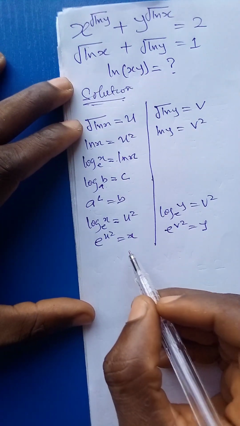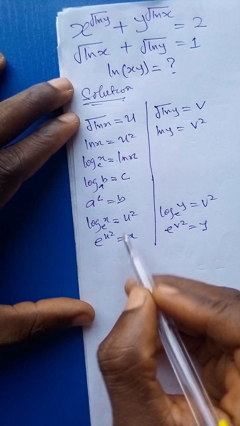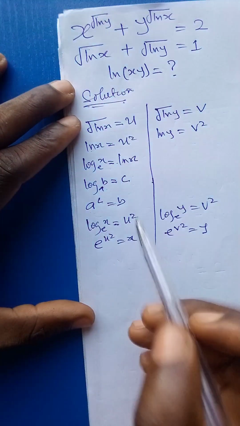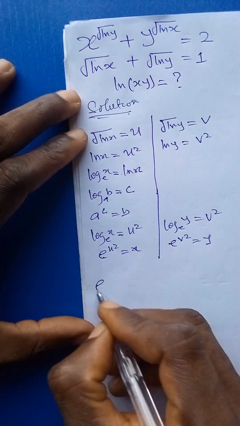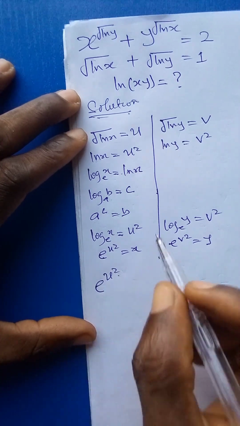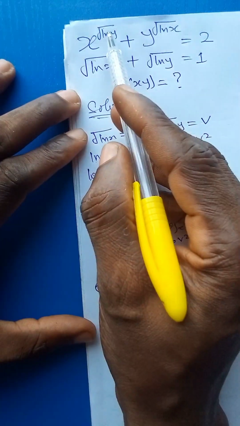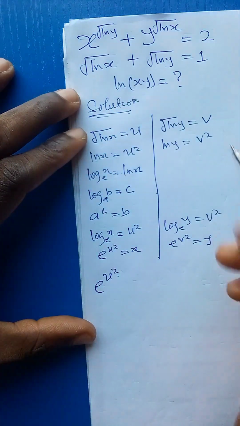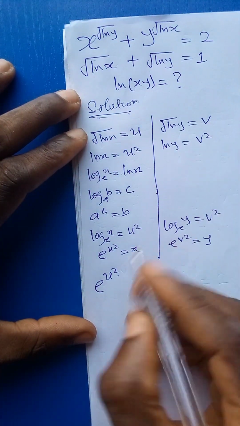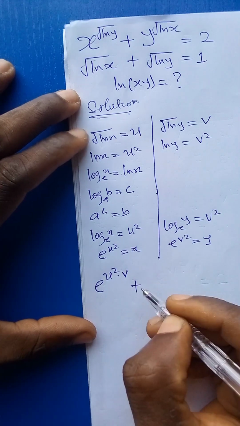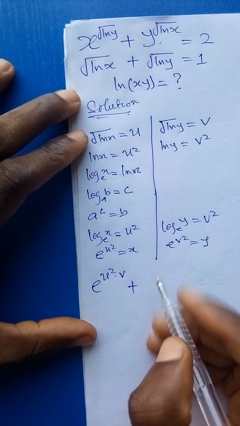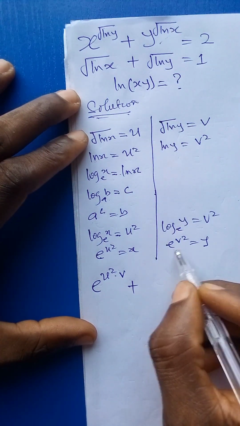Next thing I will do is to put these substitutes into the original equation. That becomes e to power u squared times, let's remember that the square root of ln y is v, so I will multiply this by v, plus, let's do the same thing here, our y is e to power v squared.